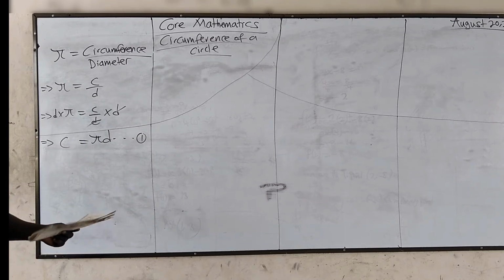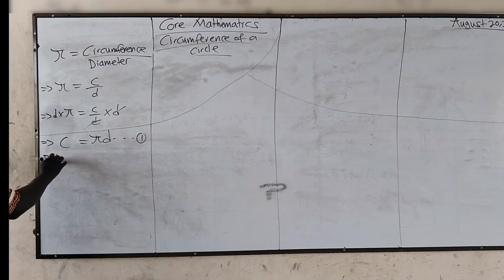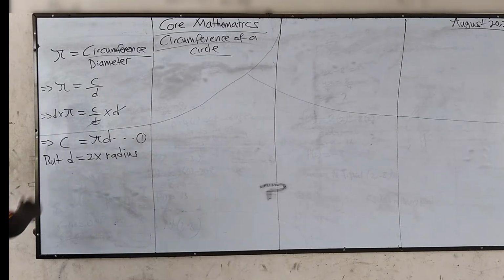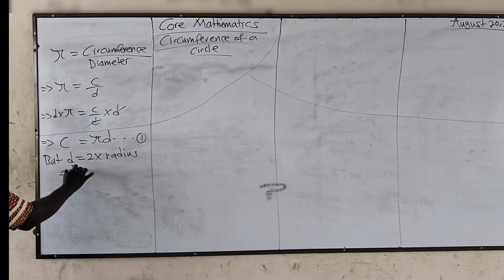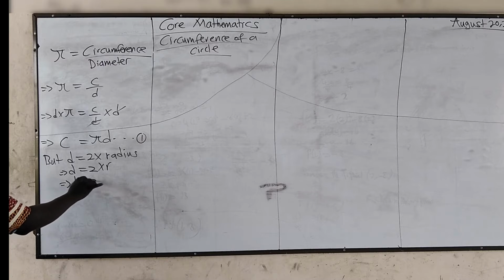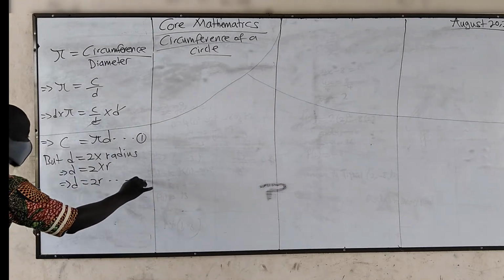But we know that d is equal to 2 times the radius, or d is just equal to 2r. You use the letter r to represent radius. Let's call this equation 2.